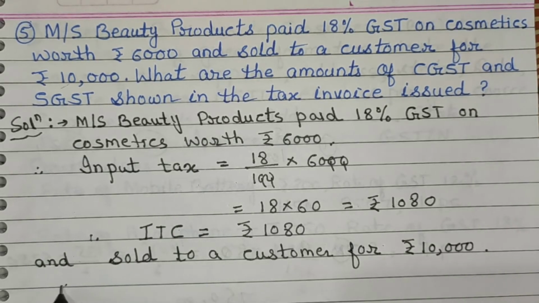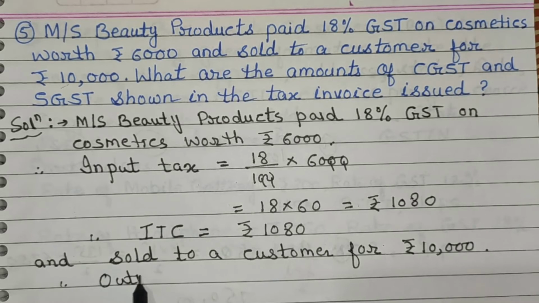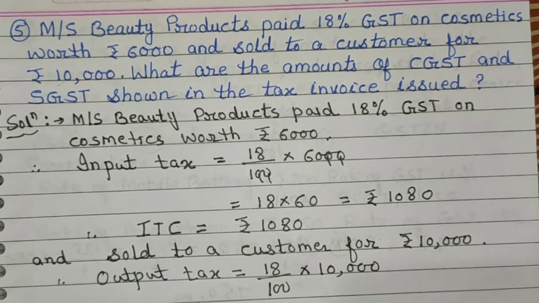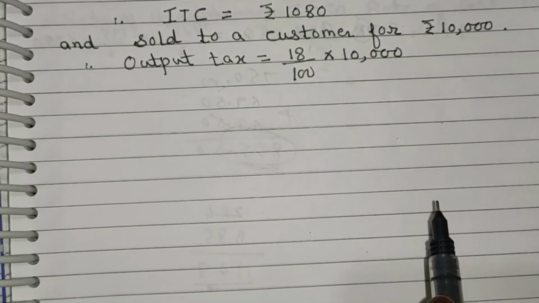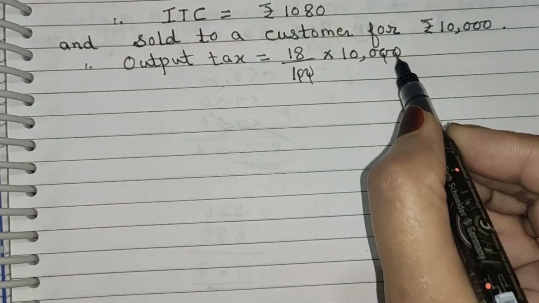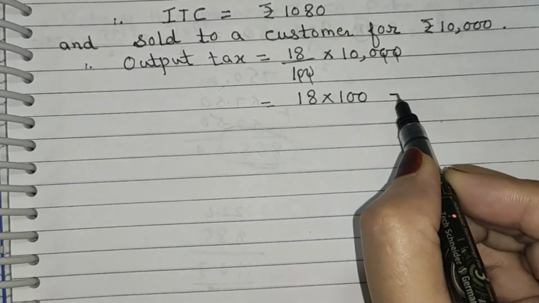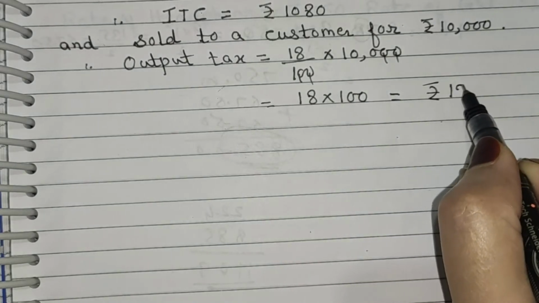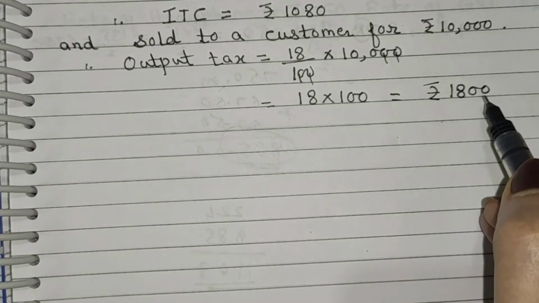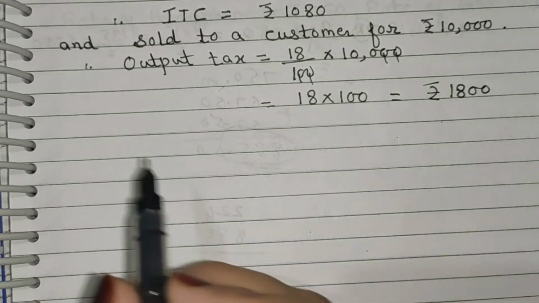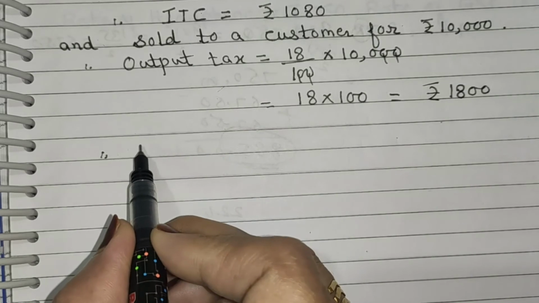Now output tax is equal to 18% of 10,000. Now solve it. 20 cancel. Now we get here 18 into 100, which is equal to rupees 1800. Therefore, find out GST.